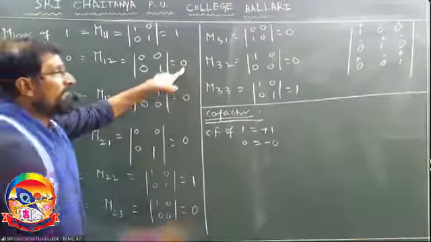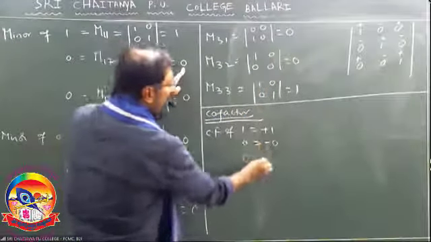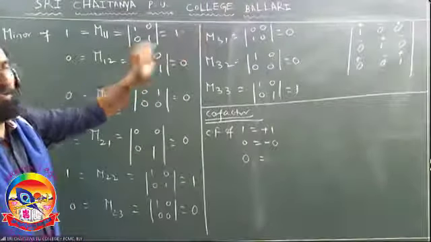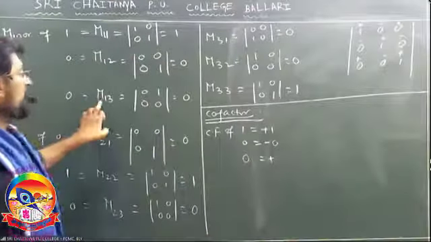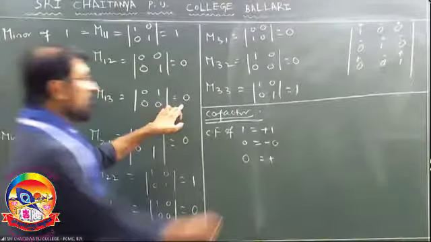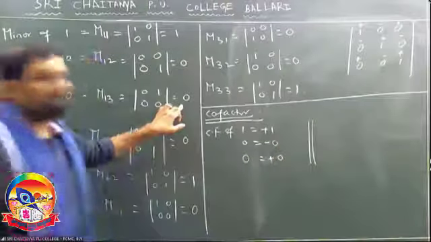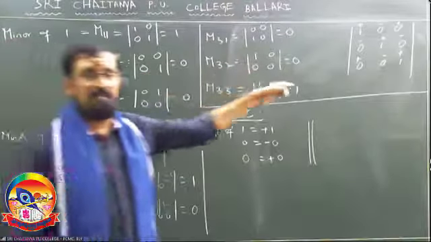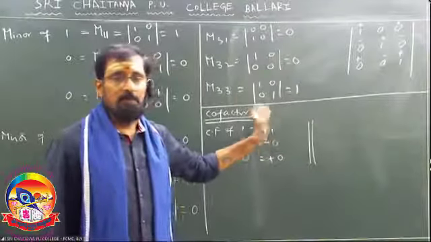And next one, cofactor of the last element 0 is equal to, the sign above that one is positive, so it is plus, into minor of that element, which is 0, right? We completed the cofactor of each and every element in the first row. Am I right? Now I am going through the second row.